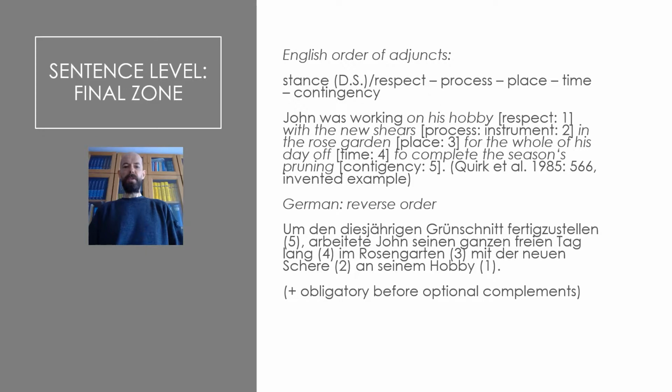So we'd get the following sentence: den diesjährigen Grünschnitt fertigzustellen, that's 5, arbeitete John seinen ganzen freien Tag lang, 4, im Rosengarten, 3, mit der neuen Schere, 2, an seinem Hobby. So this order of adjuncts in the final zone is the exact opposite in German of what it is in English.